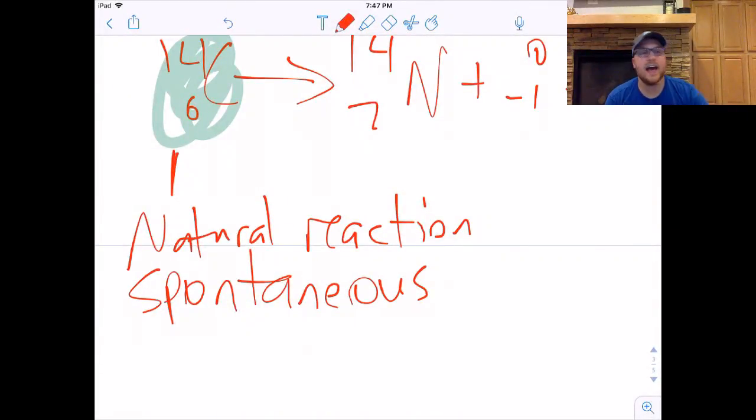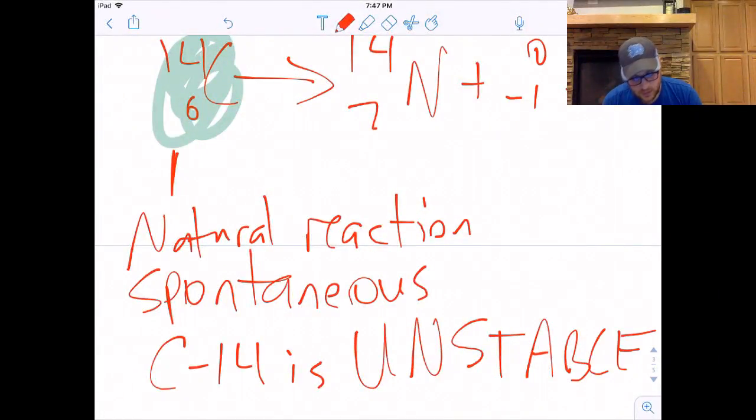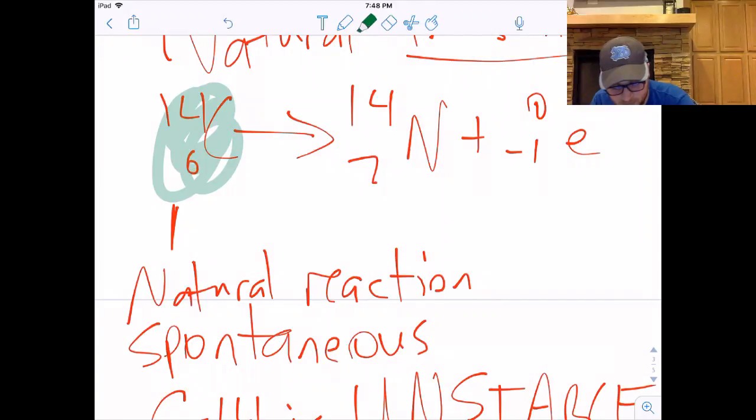Carbon-14 will break down like this naturally, because carbon-14 is unstable. And since carbon-14 is unstable, it will break down every, according to Table N, 5,700 years. Release a particle over here, this is called a beta particle, and break down into a nitrogen.